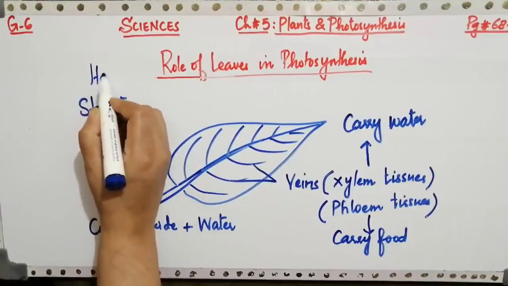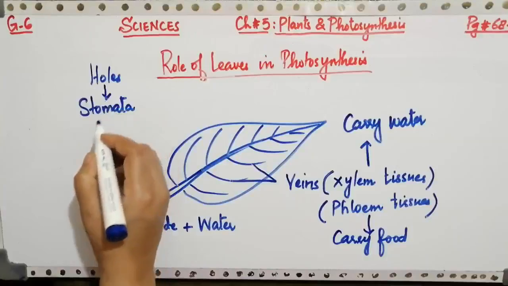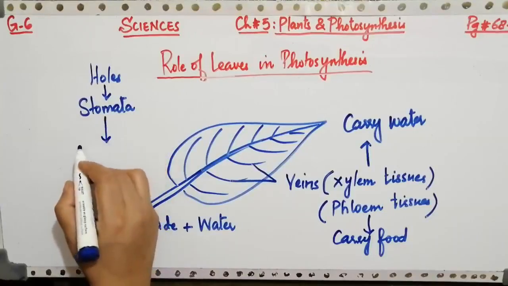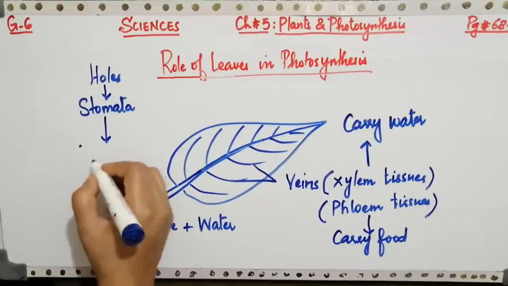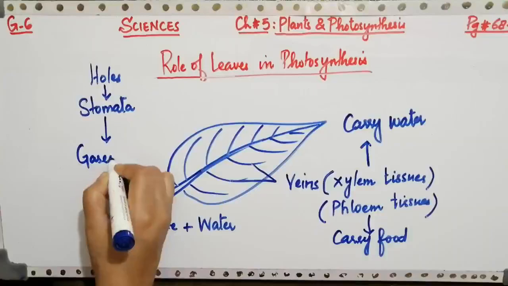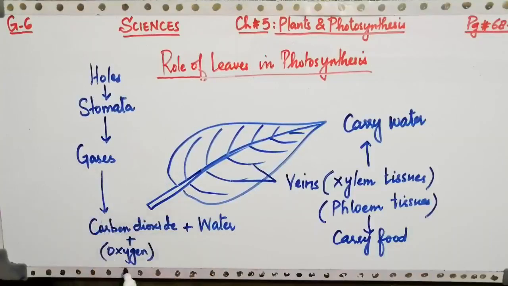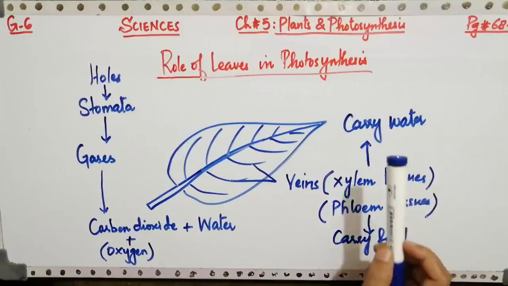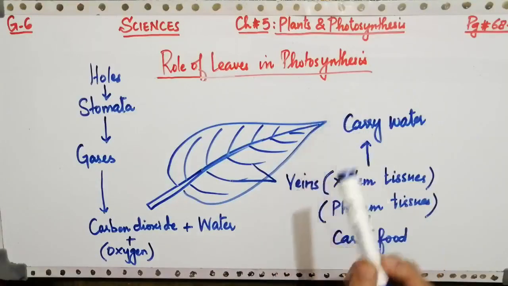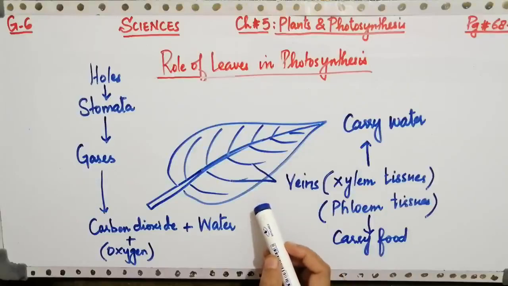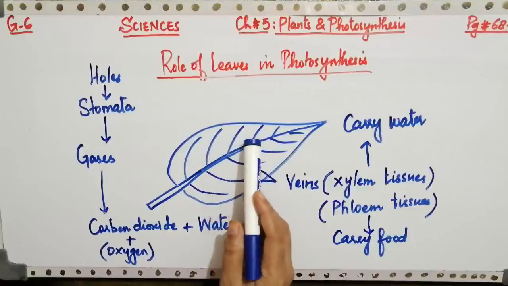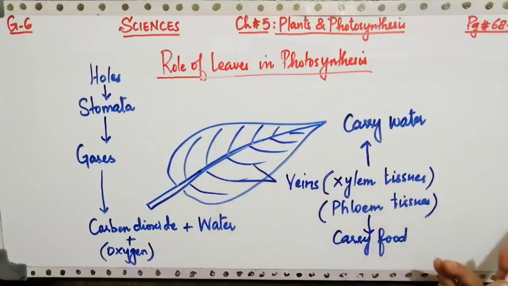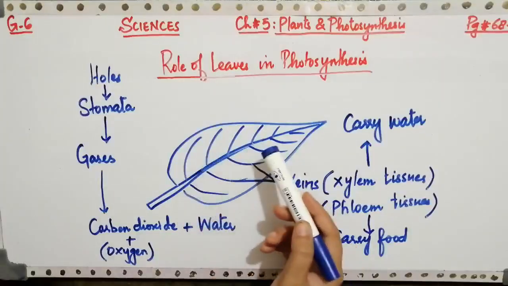So what are stomata? These are the holes which allow the gases to pass through them. So these are two gases, including carbon dioxide and oxygen. So some of the structures which are helpful in the process of photosynthesis are present in the leaf. And as I told you, veins are the branches of the leaf which are spread throughout the leaf.